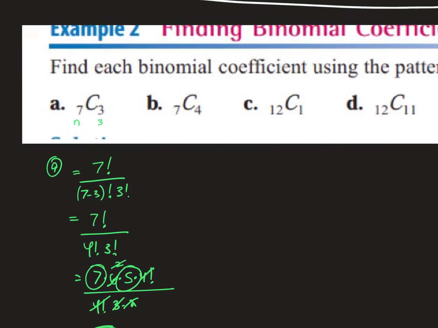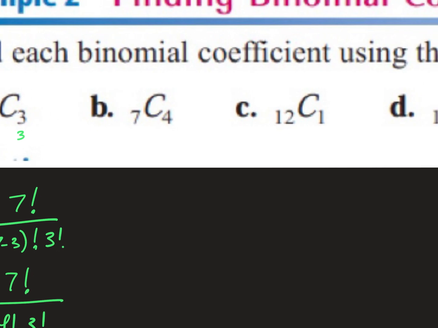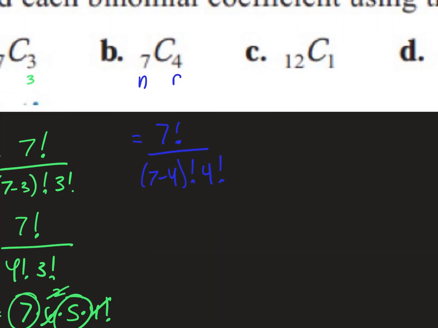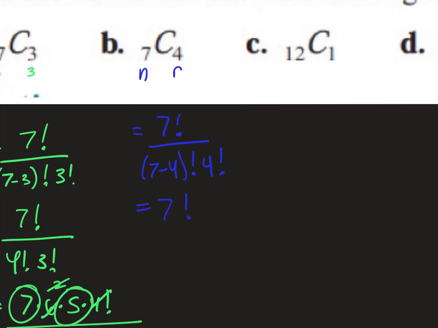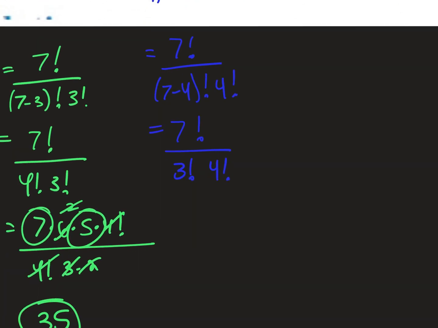Okay, so for letter B, again, my n value is 7, r is 4. So we have 7 factorial over 7 minus 4 factorial times 4 factorial. So it's 7 factorial over 3 factorial times 4 factorial.